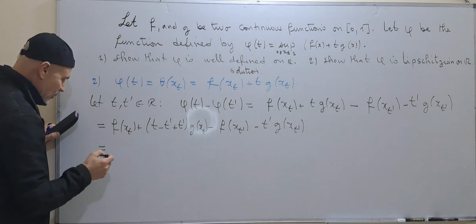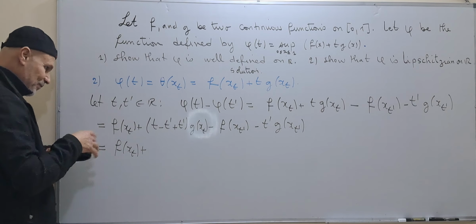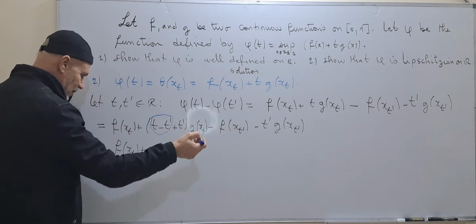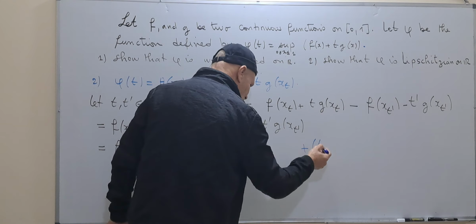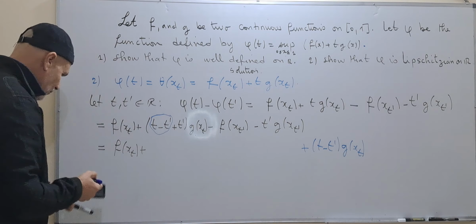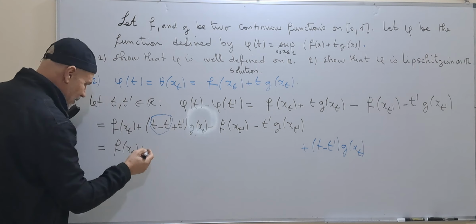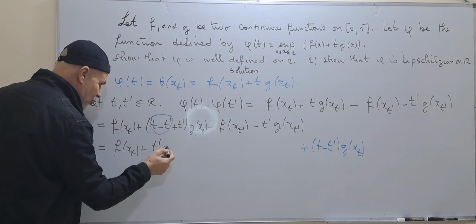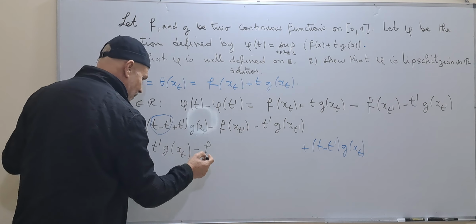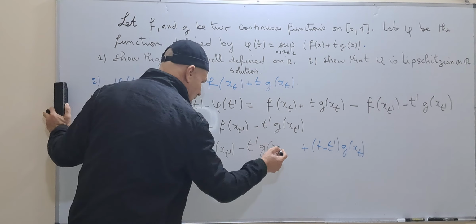From what we have, f of x_t plus, I will take this here, plus t minus t prime g of x_t here, plus here t prime g of x_t, plus t prime g of x_t prime minus f of x_t prime minus t prime g of x_t prime.